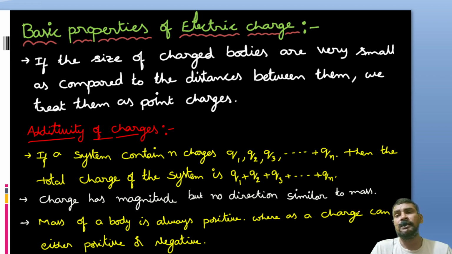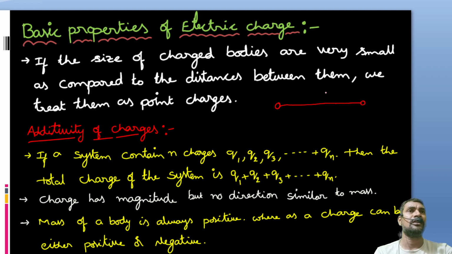Now we'll see some of the basic properties of electric charge. Before going to the properties, we'll try to understand one thing. For example, I have two charges, this is one charge and this is another charge, and they are separated by a distance.